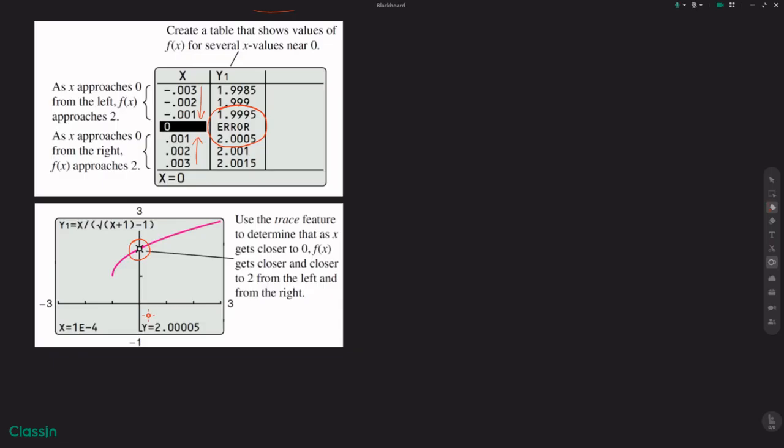The function is undefined. You have a 0 denominator. But what's interesting is where that missing point is located. You can see from the scale, the vertical scale is at 1, 2, going up there. So this is telling you that the y value, or the function value, is going to be 2.